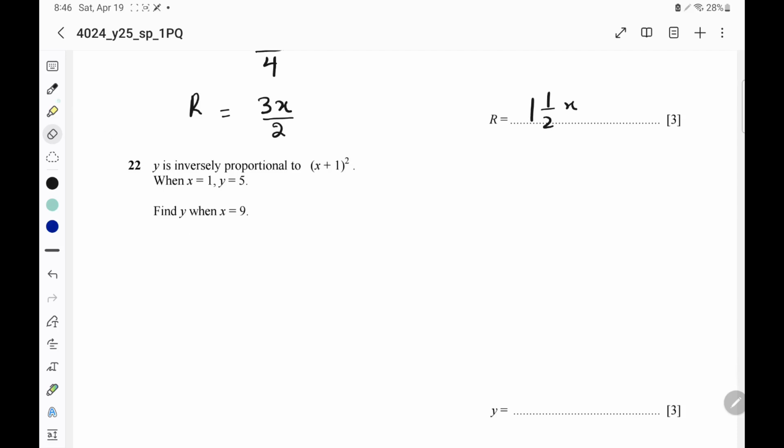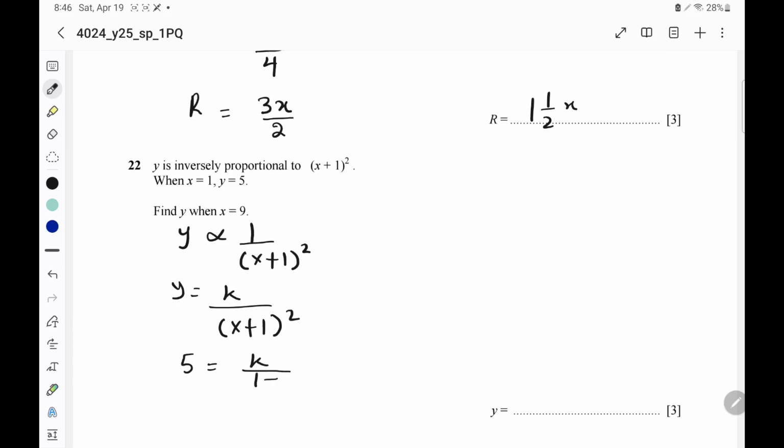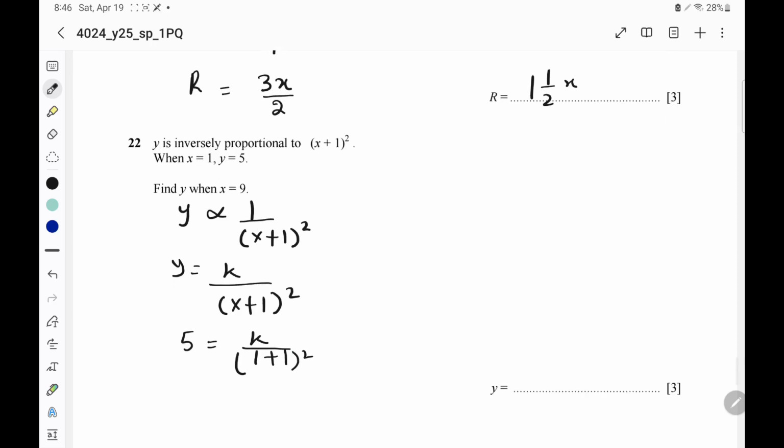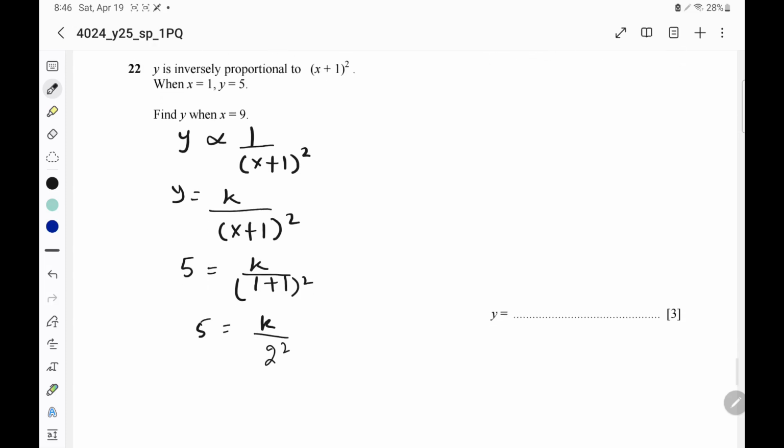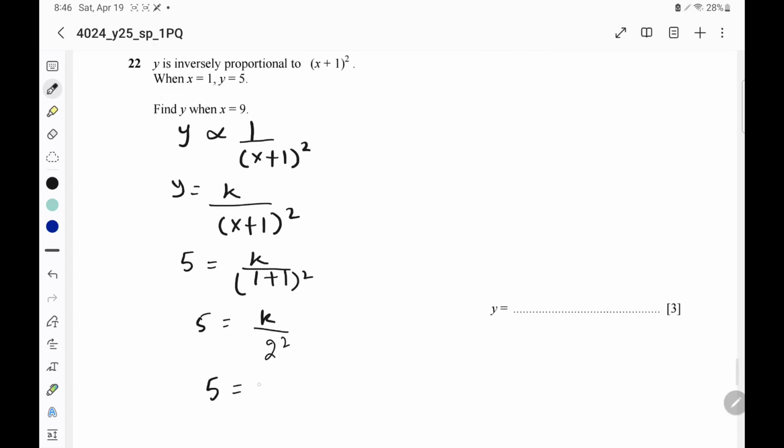So y is equal to k upon x plus 1 whole square. 5 is equal to k upon 1 plus 1 whole square, be careful, and 5 is equal to k upon 2 square, which is 4, so 5 is equal to k upon 4. k will be equal to 5 times 4, which is 20.